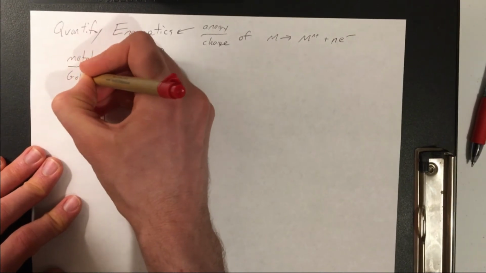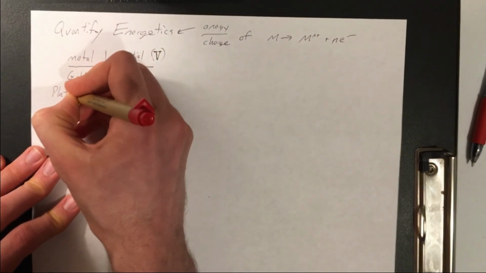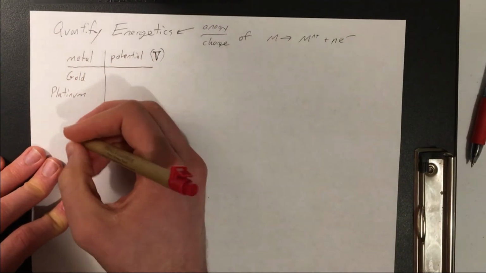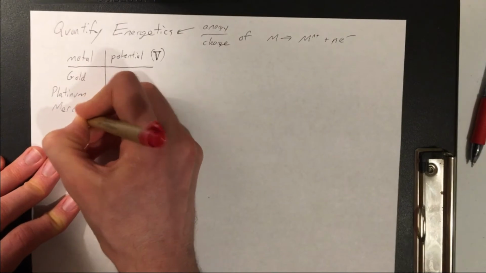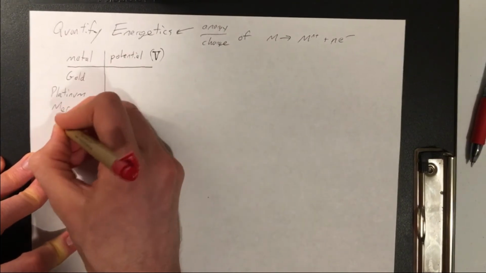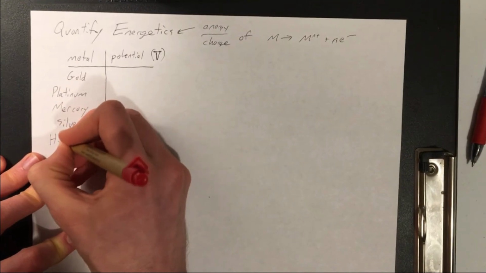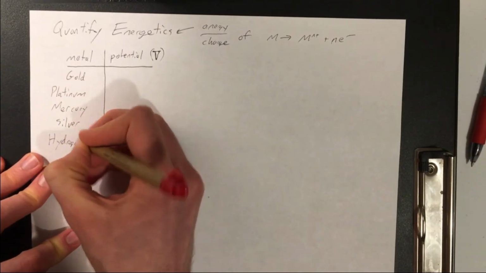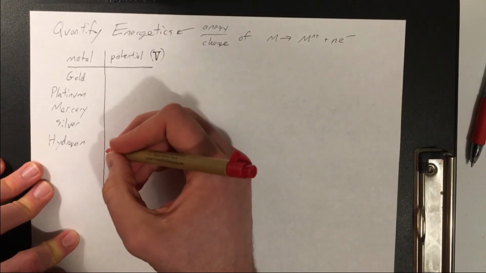We have gold, platinum, mercury, silver, and hydrogen. I know, strictly speaking, hydrogen isn't a metal, but let's have it there for reference.